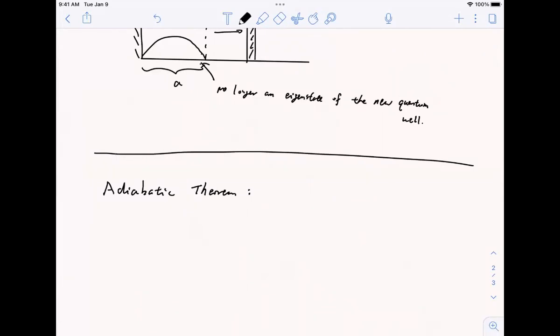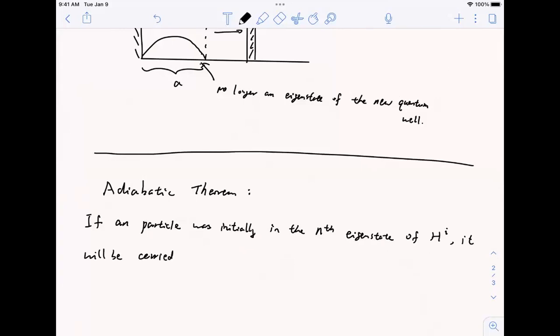It states that if a particle was initially in the nth eigenstate of this initial Hamiltonian, it will be carried into the nth eigenstate of the final Hamiltonian under the adiabatic process.